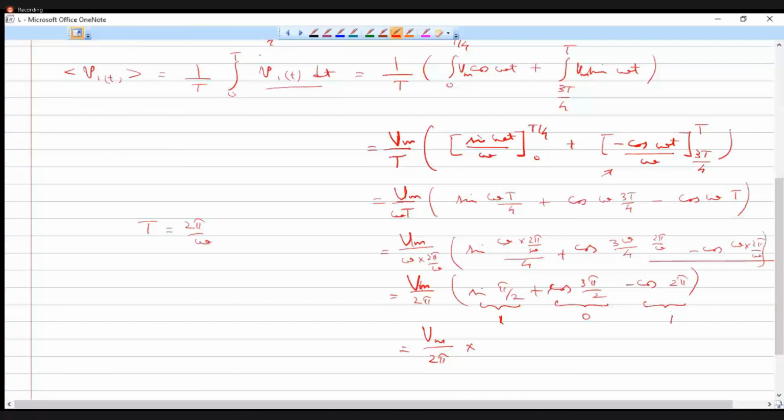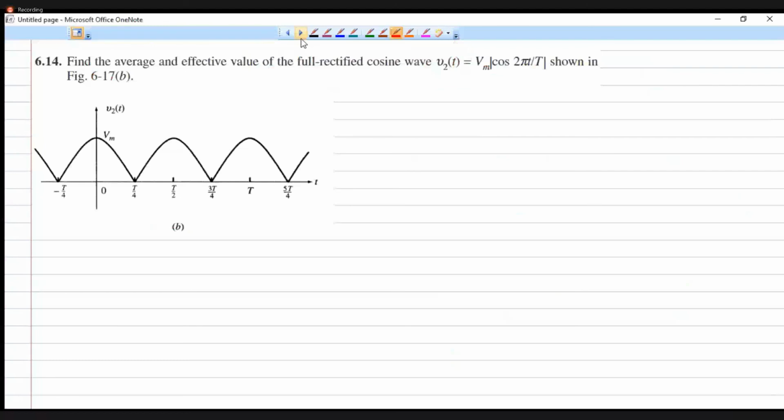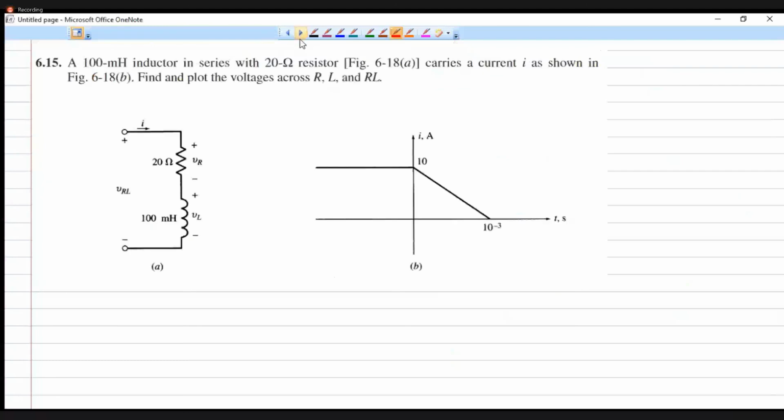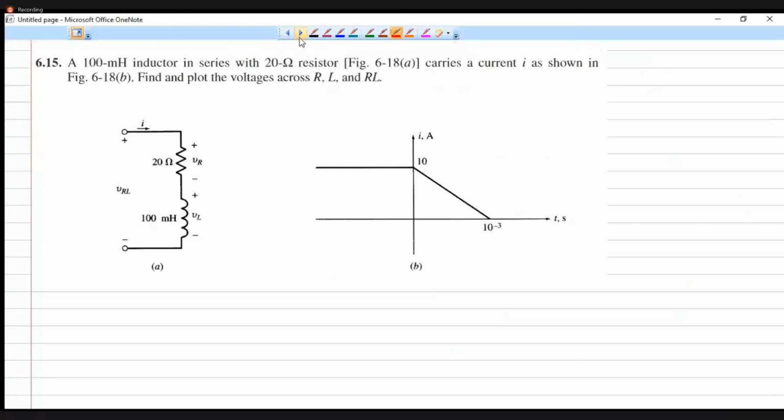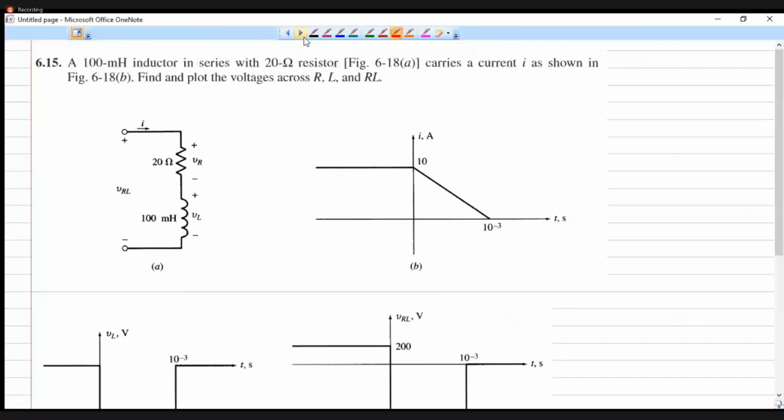I will figure it out by today's 6 o'clock class, and we will do the solution. After that, we will do the remaining questions.